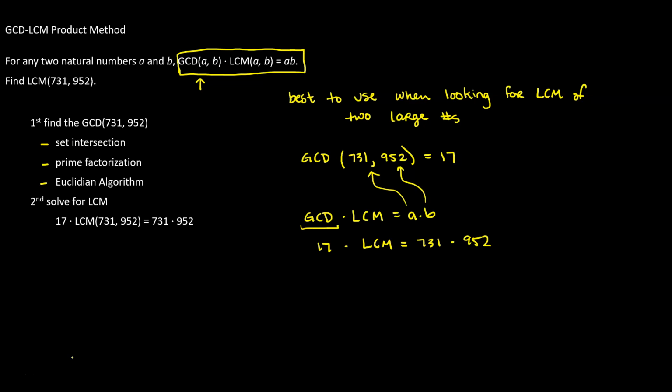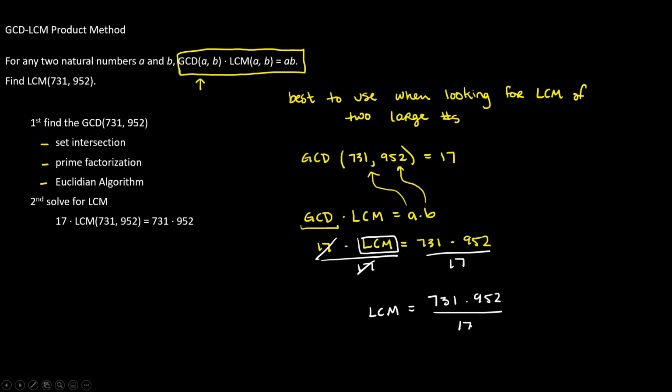Since the LCM is the only thing in the equation that we don't have a value for, we can isolate it. Right now it's being multiplied by 17, so we'll divide both sides of the equation by 17, leaving us with the LCM equal to 731 times 952 over 17.